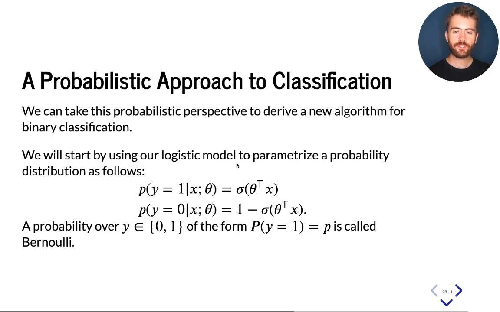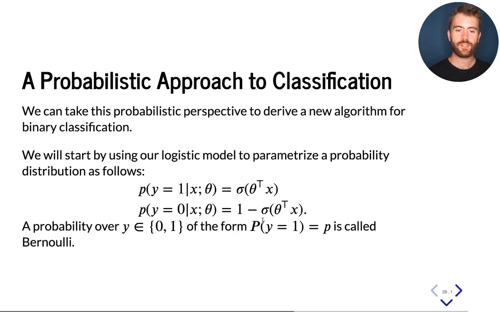We can interpret the output of our model f, sigma of theta transpose x, as a probability. Because it's between 0 and 1, we can interpret this number as the probability that the class is 1 according to our model, and then conversely the probability of it being 0 is simply going to be 1 minus the sigmoid function, so 1 minus the output of the model.